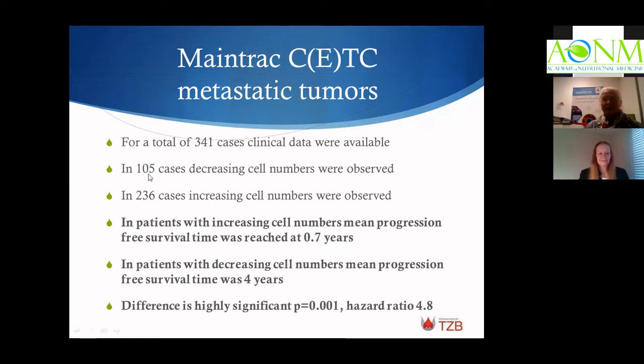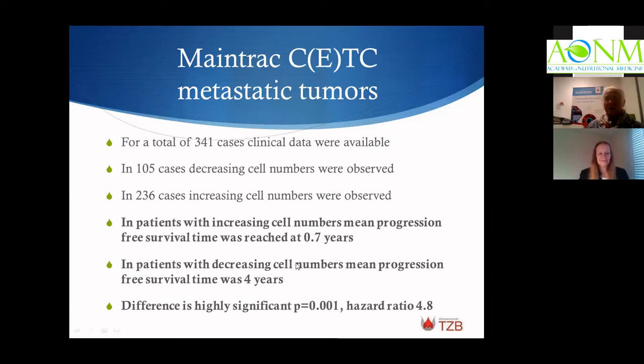And you can see in this case with the metastatic tumors, it was a lower number of cases with decreasing cell numbers and a higher number of cases with increasing cell numbers, which is due to the less favorable prognosis of these patients. Here, those with increasing numbers had an even shorter mean survival time of 0.7 years.